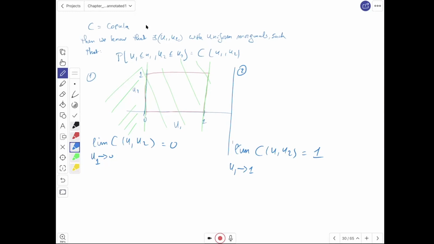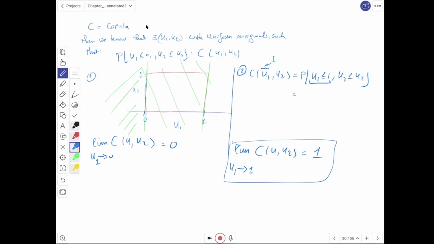Another way to understand why this holds, not visually, but just by formulas, let's look at C(u1, u2). If u1 is equal to 1, then this is the probability that U1 is smaller or equal than 1, U2 smaller or equal than u2, right? But this is guaranteed because U1 is a uniform distribution.